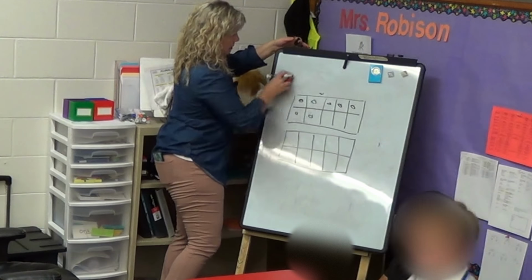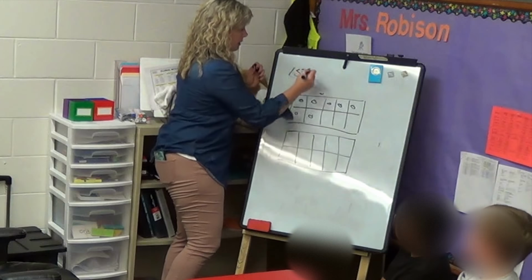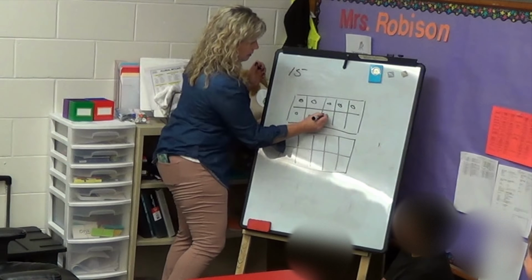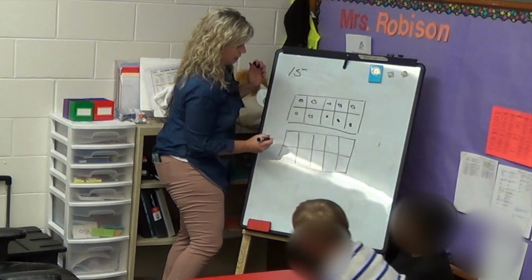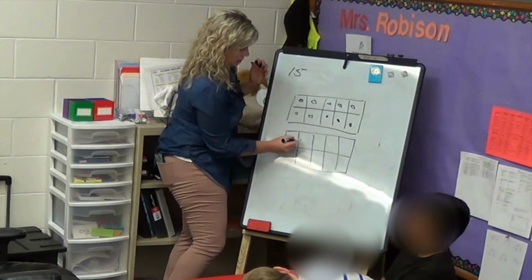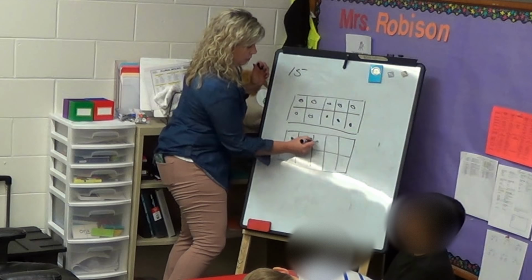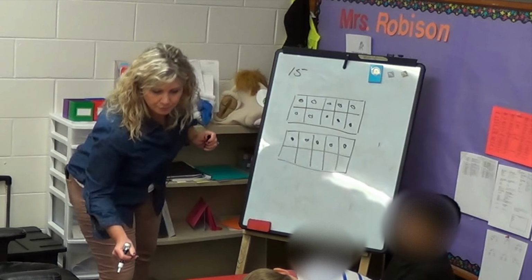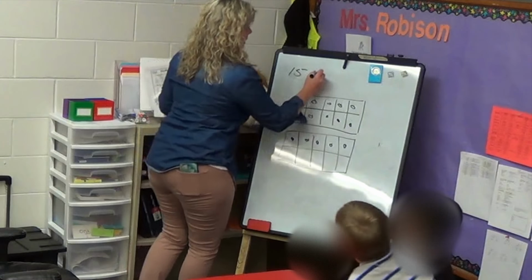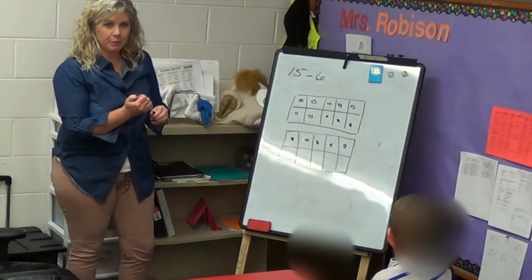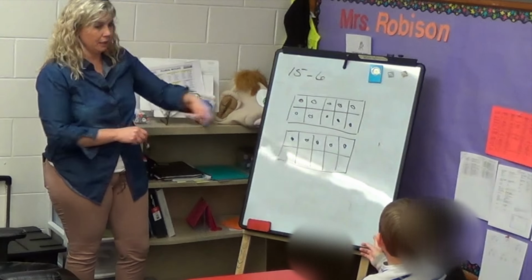All right. This time I'm going to have 15. So where's my 15? How many here? 5. The whole row? All right. And I want to take away 6. Talk to your neighbors about how you're going to take away 6 up here.